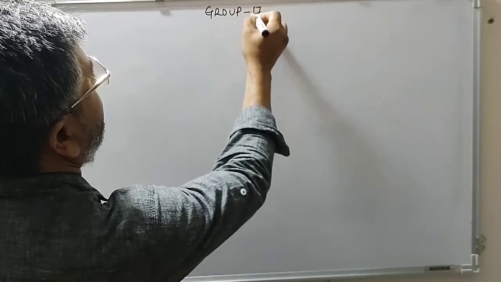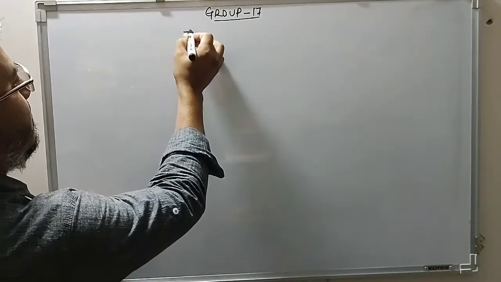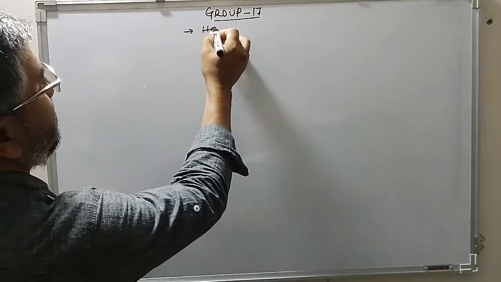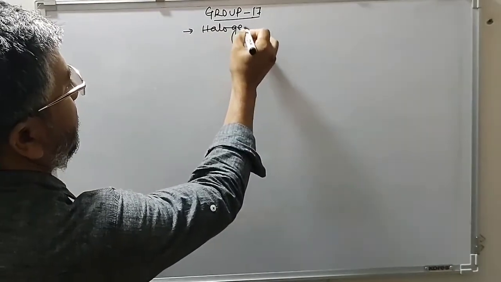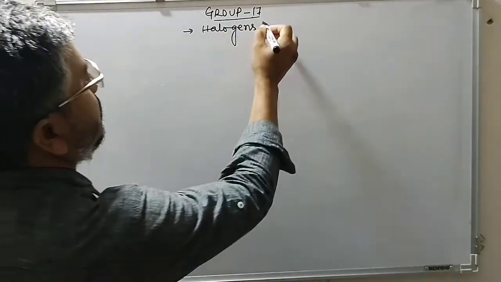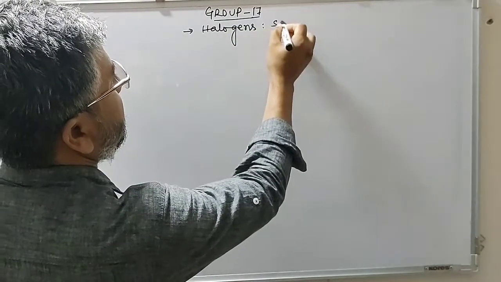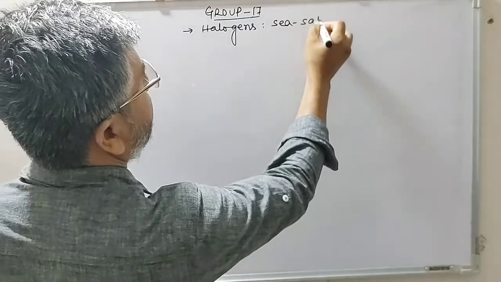So starting with this, group 17. These elements are known as halogens, which means sea salt forming.